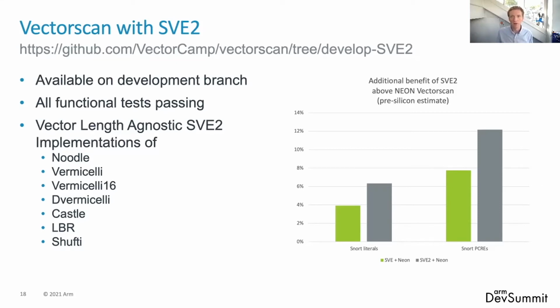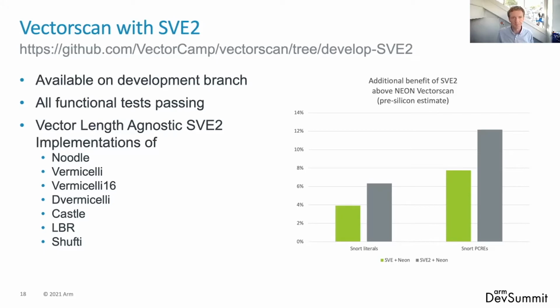We call this vector length agnostic programming. This allows the compiled code to be future-proof. It should run correctly on future SVE2 systems and take full advantage of whatever width of SVE2 registers the hardware has available.